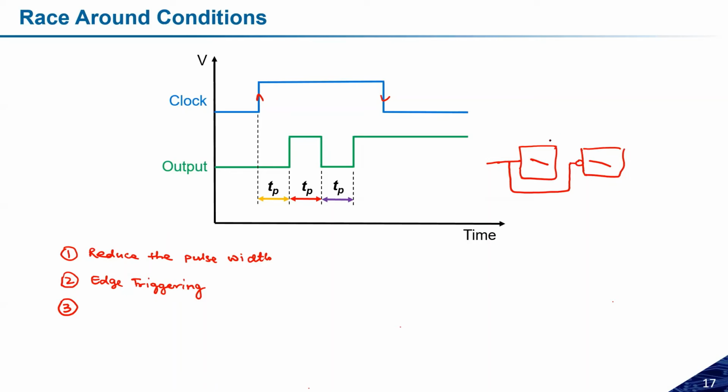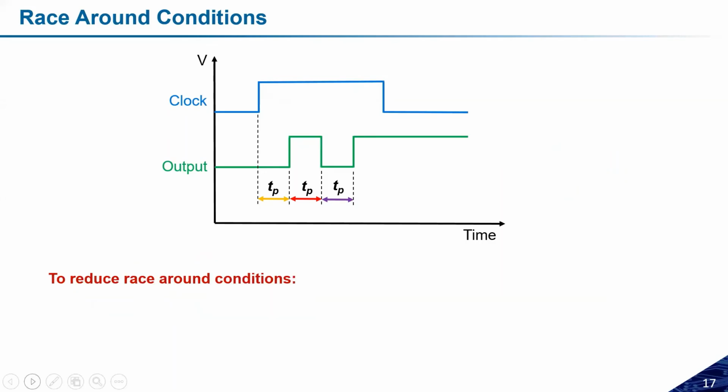This kind of arrangement also solves the race around problem, because they will hold the logic for some period of time and then give you the output. But the activation will be opposite to each other. So the third one is the master slave flip-flop. The master slave flip-flop is one of the ways to reduce the race around problem.